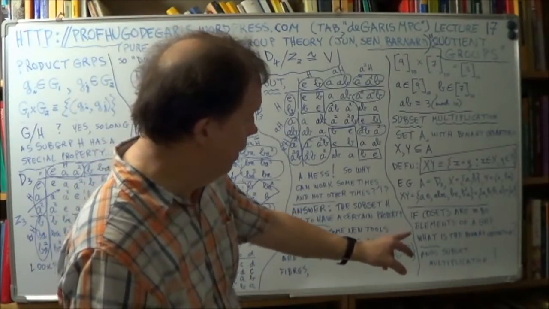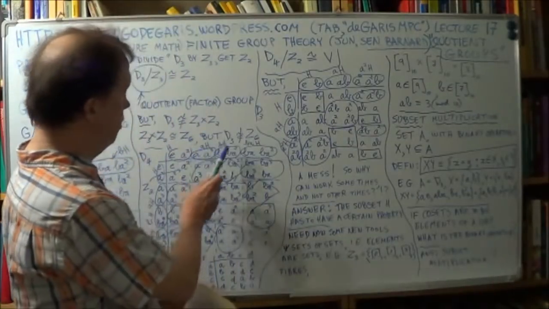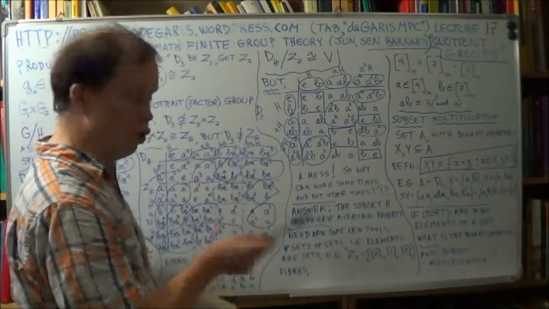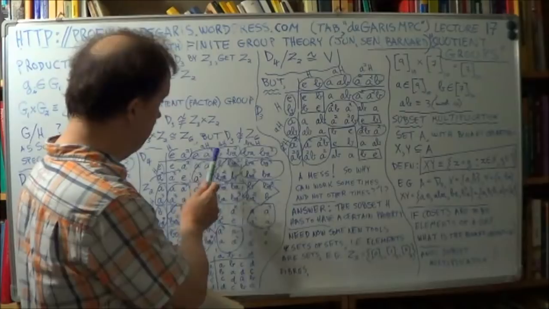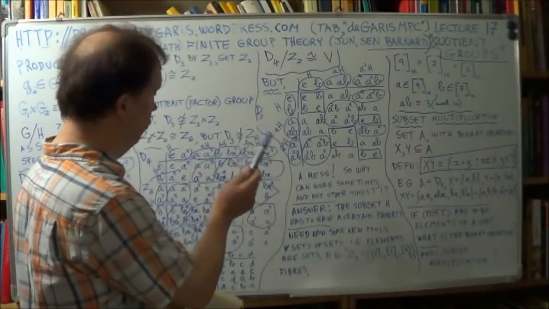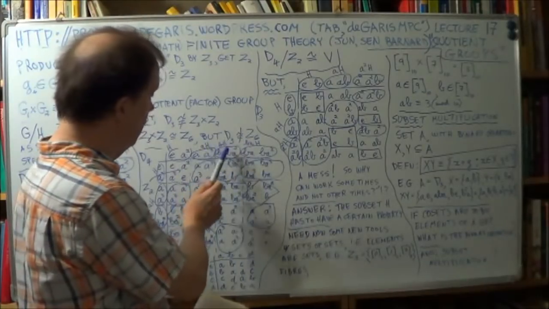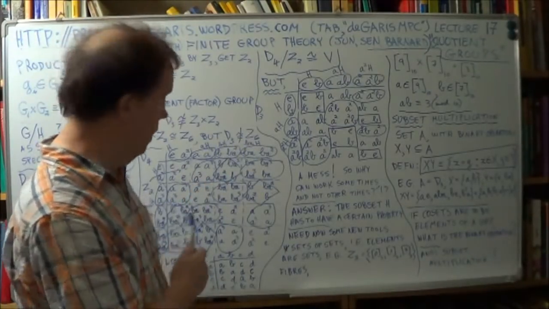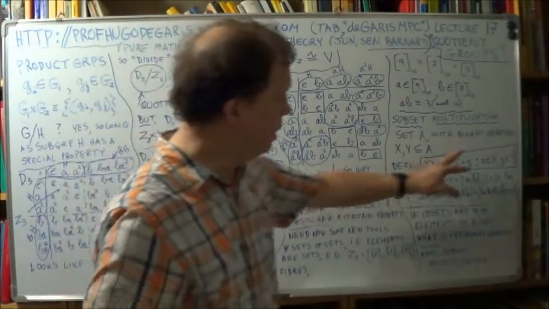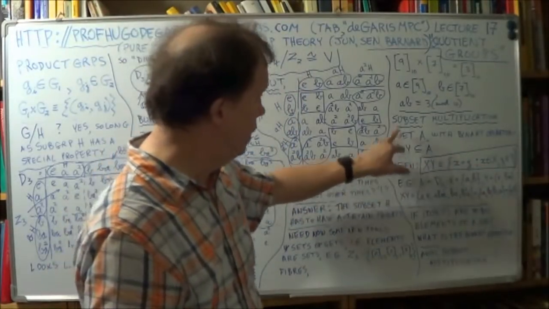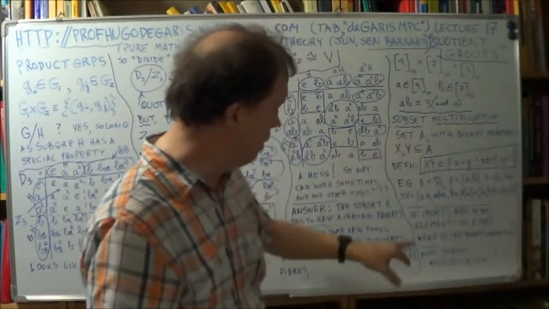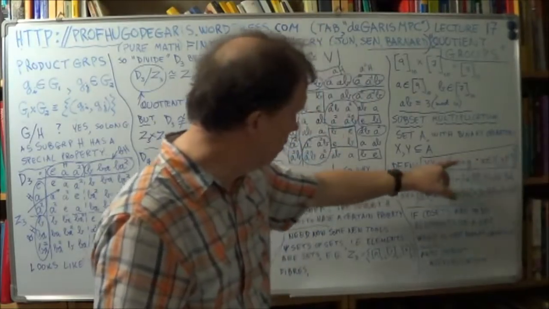So if your cosets are going to become members, elements of a group, then you have to define a binary operation on these cosets. And the binary operation we're going to use is just subset multiplication. So you will do this kind of thing.